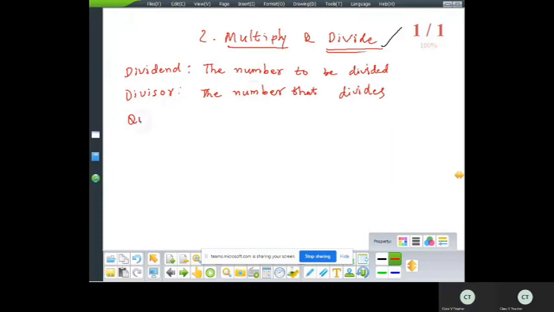Quotient, the answer in division. Remainder, the excess number.